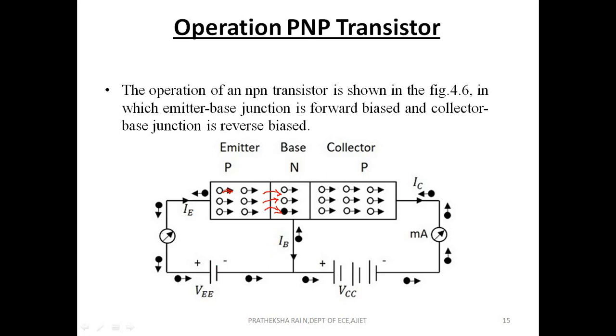Now we are concentrating on this, the electron. How is the movement of electrons? Electrons tend to attract the minority carriers towards the positive side, and they will move in this direction, from the emitter towards the base.